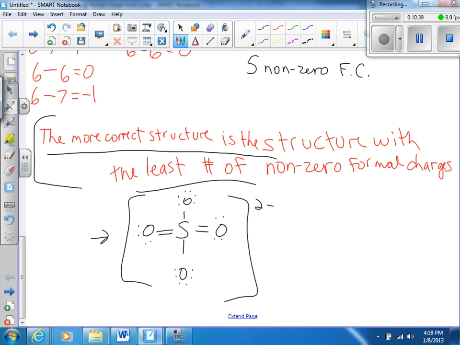With formal charges, what I do expect is if I give you two different possible structures, you should know to use formal charge to figure out which structure is more correct. Or if I just give you a specific molecule, you should be able to tell me the formal charge of each atom in the molecule.